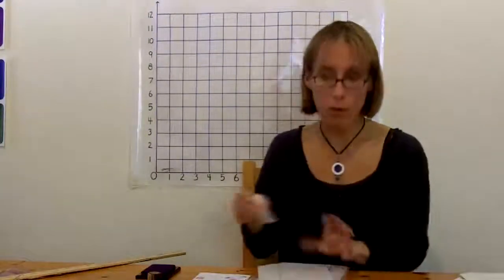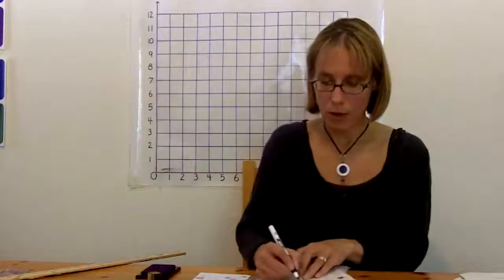Now that kids know how to do the activity, they get to create problems for others to solve, and they love this. So one of the ways that they could do it is simply to draw their own pictures. So I'm going to draw very quickly here a star, and they're going to be counting the number of points.